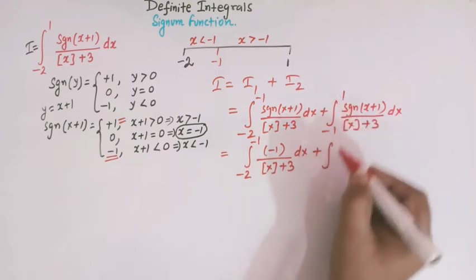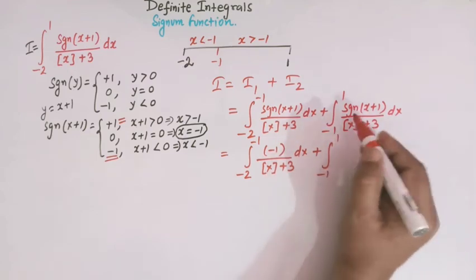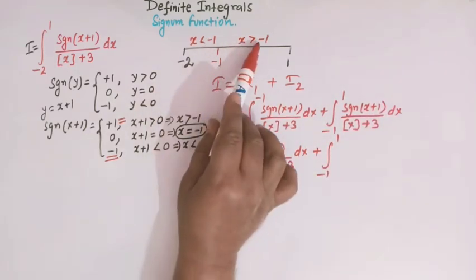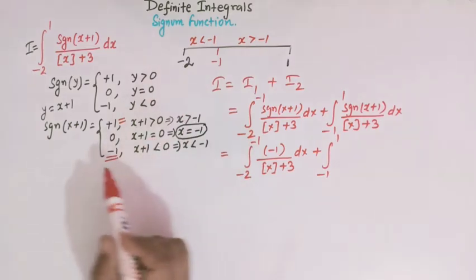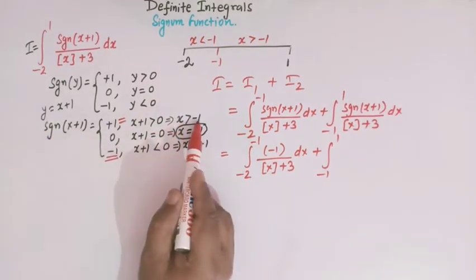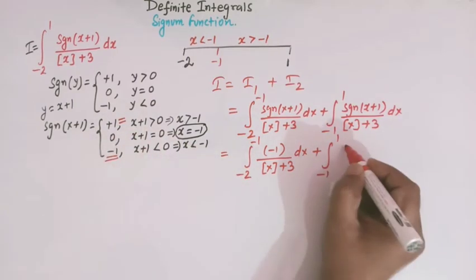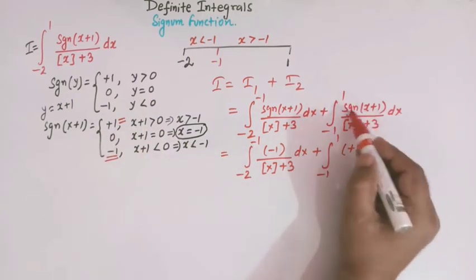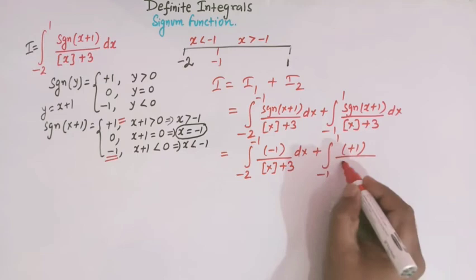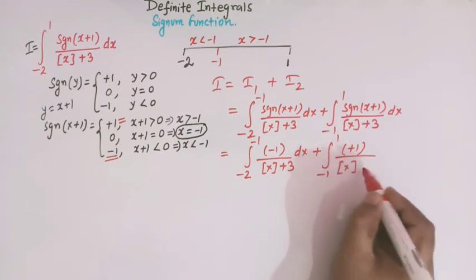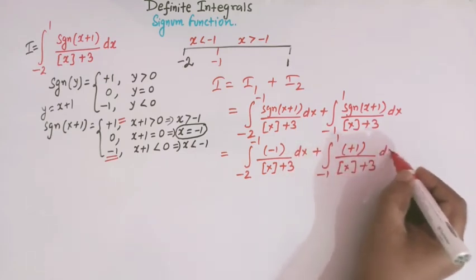And when we take minus 1 to 1, then x is greater than minus 1. So when x is greater than minus 1, signum of x plus 1 will take the value plus 1. So here we have plus 1 for signum of x plus 1, and we have greatest integer x plus 3 dx, right?